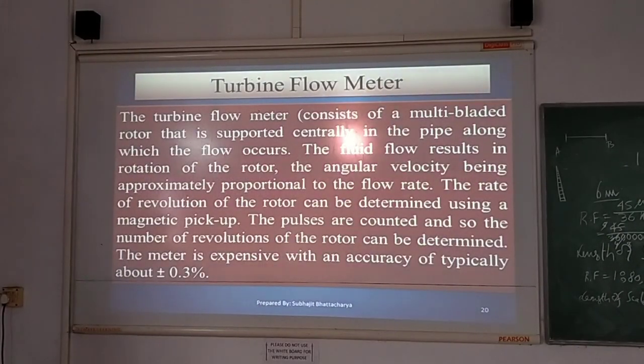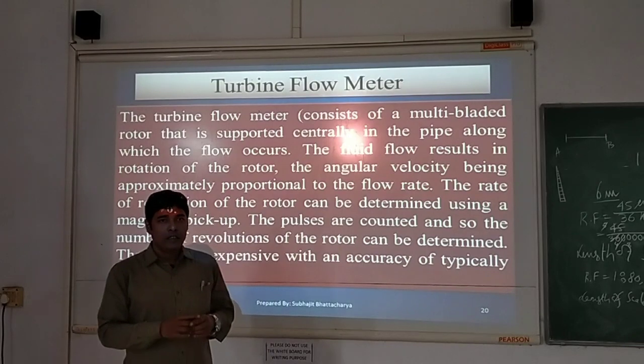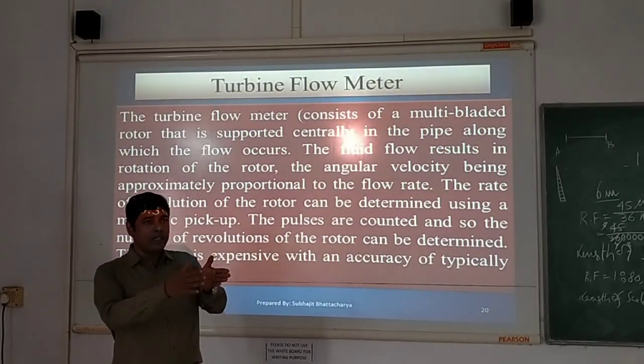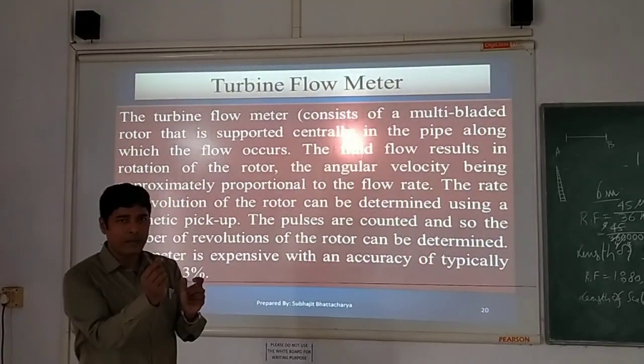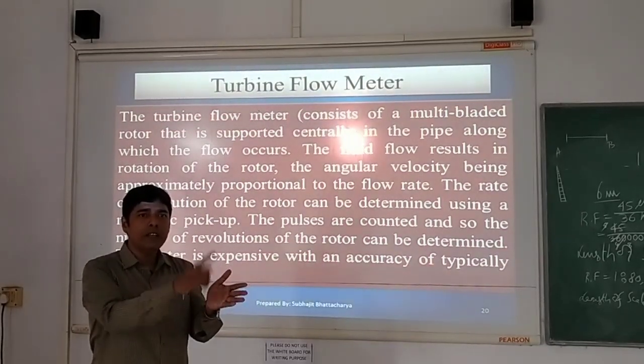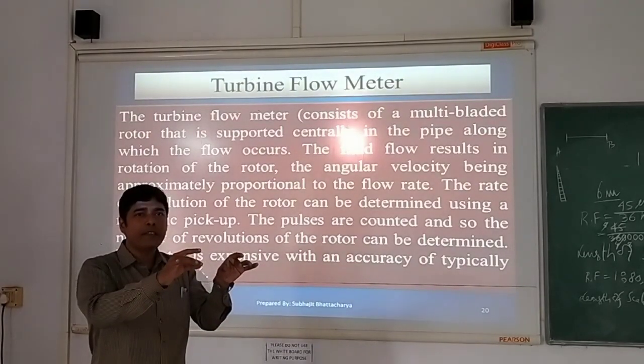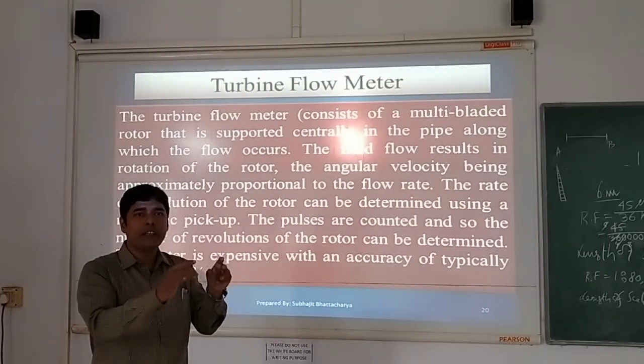Turbine flow meter we have already discussed. Like the tacho generator, suppose a turbine type of thing is there. The turbine is a small thing, and according to the flow it will rotate. On the wings of that turbine there is some ferromagnetic material.